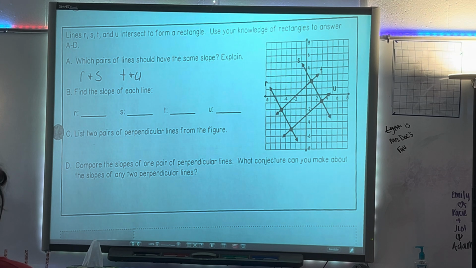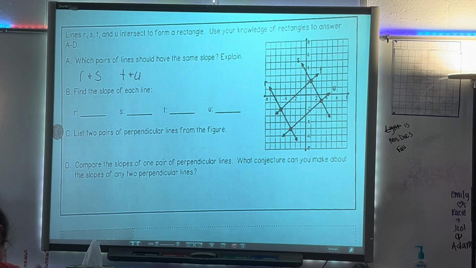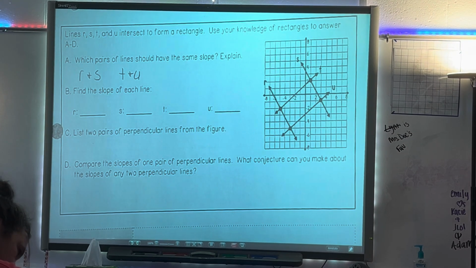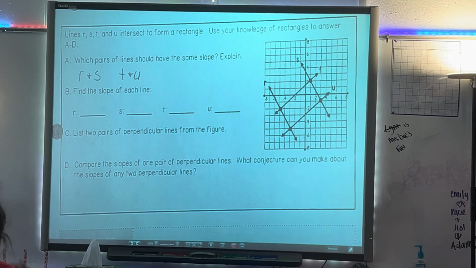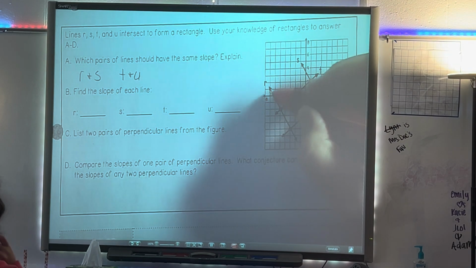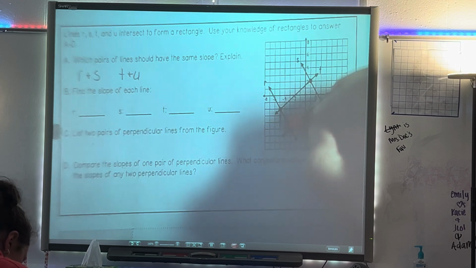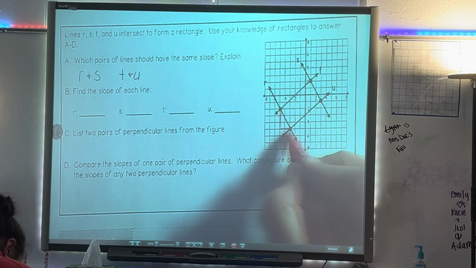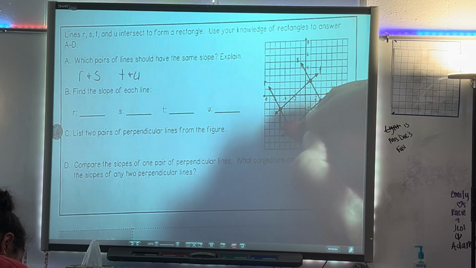All right. They want us to find the slope of each of the lines. So let's go find the slope of R. How would we go about finding the slope of R? What would you do? Yeah, probably do your triangle. Since this point is here and this point is here, that's a pretty good place to do it, right?